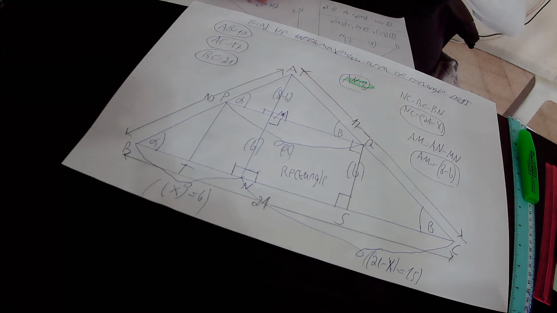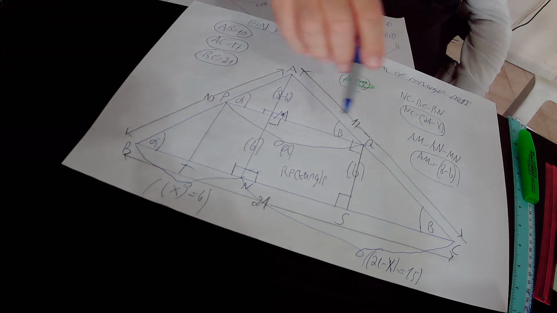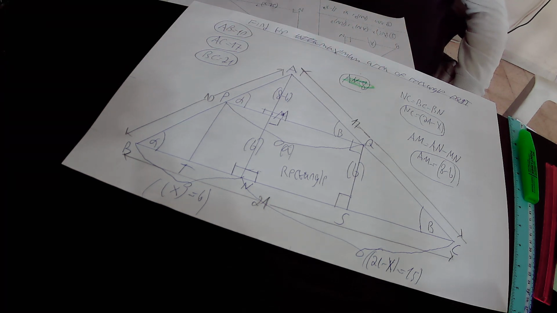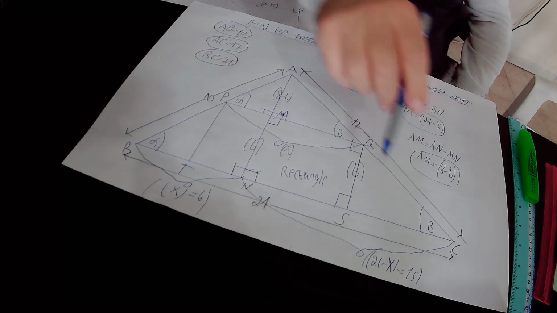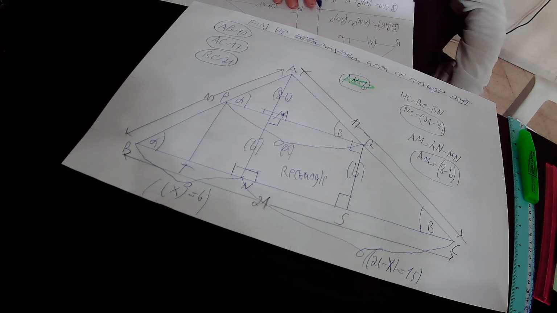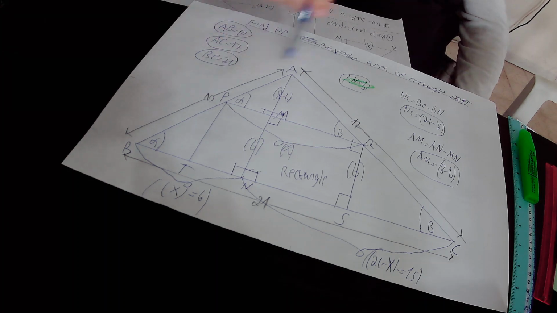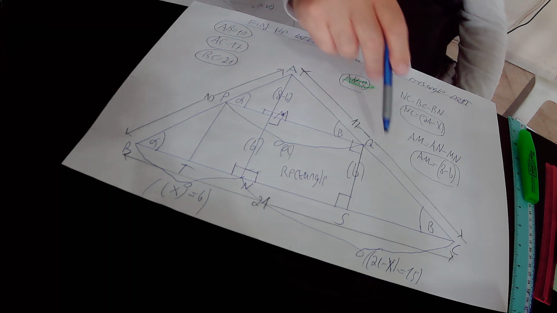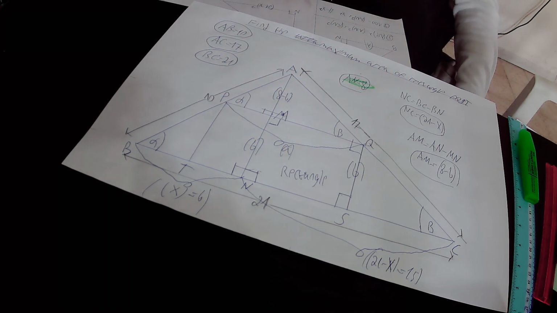In this lecture, we found out the maximum area of rectangle PQST that is located inside this triangle ABC. So in the drawing we have triangle ABC, and inside it we have this rectangle PQST, and our mission is to find out the maximum area of this rectangle.